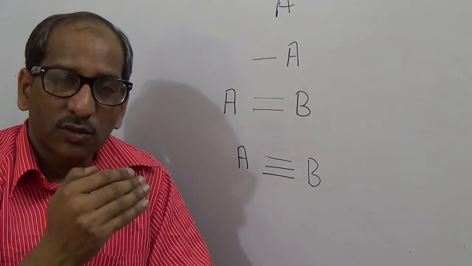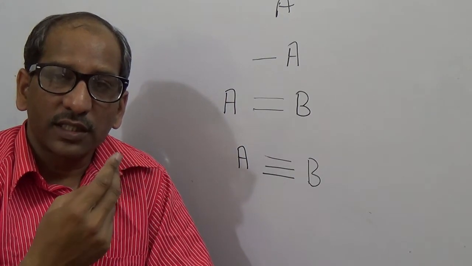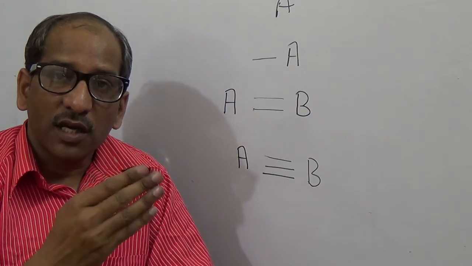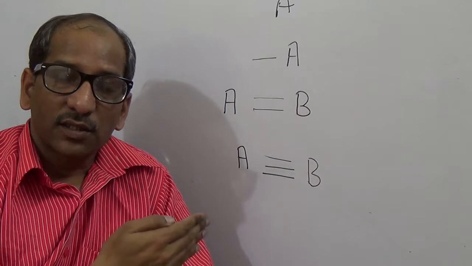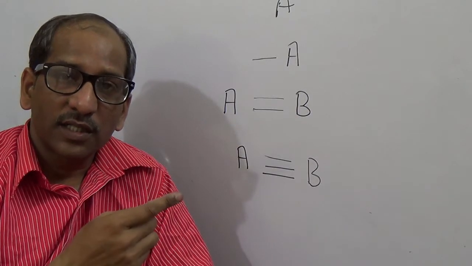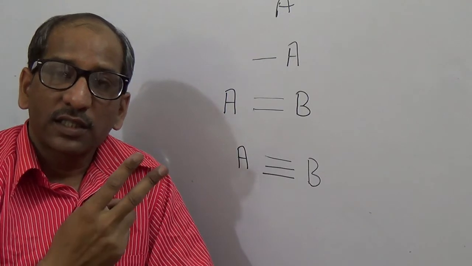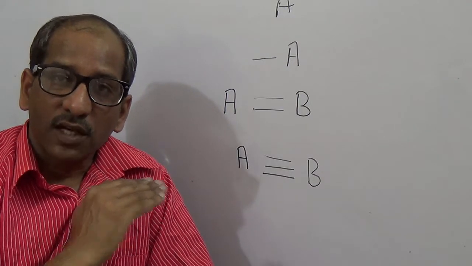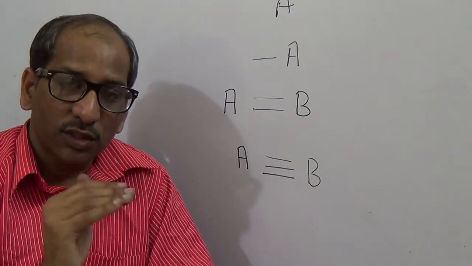So the purpose of this lecture was to show how these simple symbols in our general life play an important role. You have seen the single line that changes the direction. You have seen two lines confirming that A is equal to B, with no question mark.